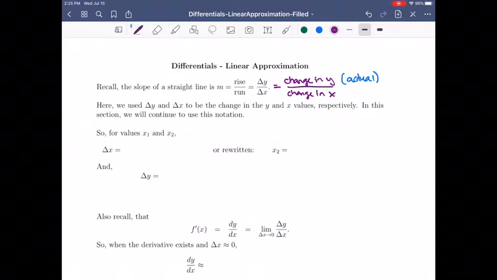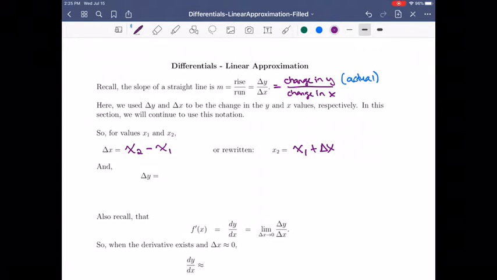So we know what delta y and delta x look like. If I have x values, x1 and x2, then delta x is the difference between the two, so we could write that as x2 minus x1. Or you could solve for x2 and say that x2 is x1 plus the change in x, so plus delta x.